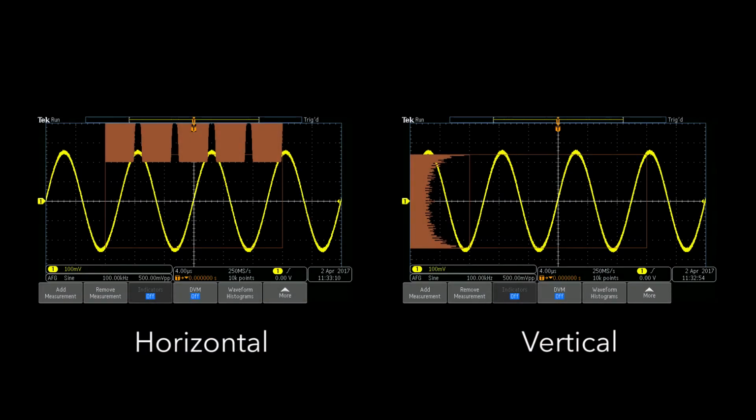Waveform histograms may be set to show vertical or horizontal histograms, which are time-correlated graphs depicting the waveform metrics. The display can be made linear or logarithmic.